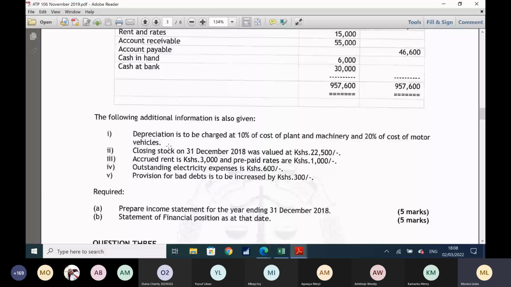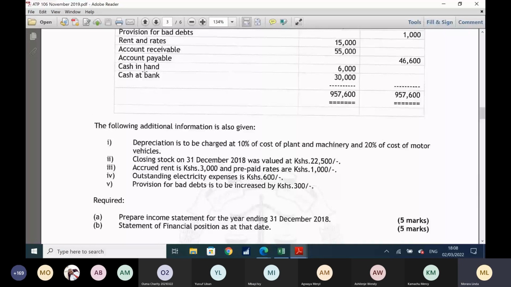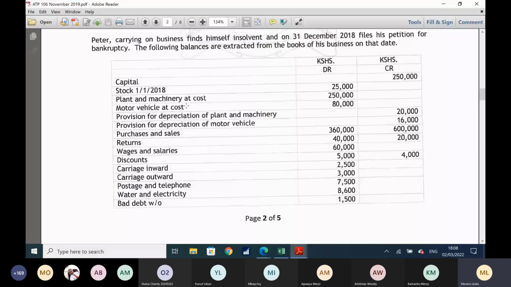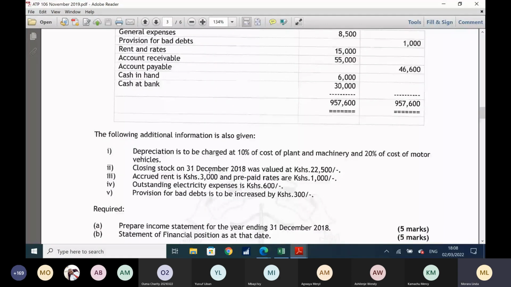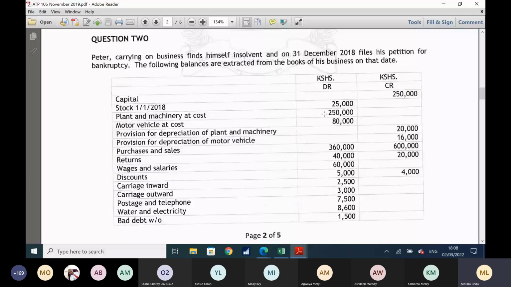For number 1, we've been told that depreciation is charged at 10% of cost of plant and machinery and 20% of cost of motor vehicles. So 10% of cost of machinery, and you have your machinery there at 250K, so 10% of it should be 25,000.